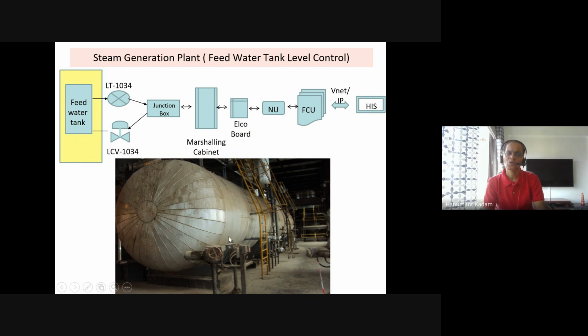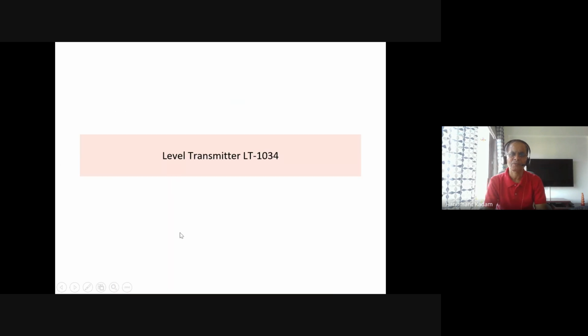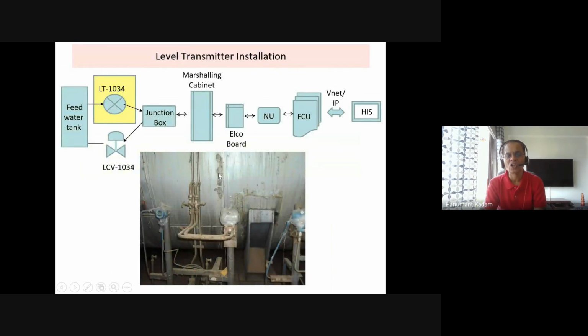If you see the picture, the level transmitter, which is measuring the level of the tank, is installed on this tank. You see the differential pressure, means at the top level and bottom level, tapping is there, and this is a differential pressure transmitter for level measurement.